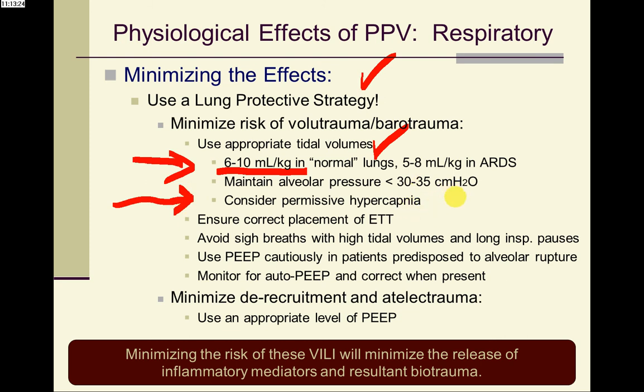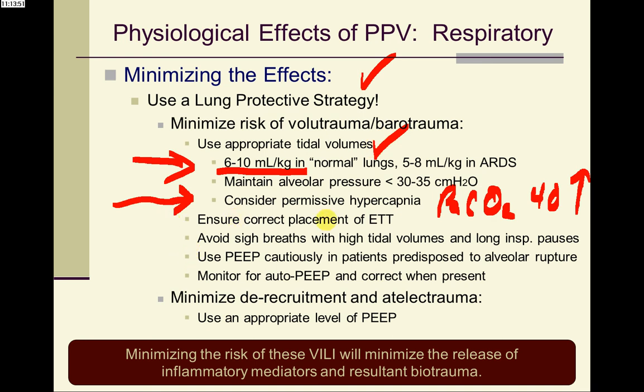So instead of having that PaCO2 goal of 40, maybe we'll allow that to rise and just keep an eye on the pH. So we can have a patient whose CO2 is 80 or even 100, but as long as they're not too acidotic, we'd be okay with that. So by limiting the amount of minute ventilation, we can limit the amount of damage due to volume/barotrauma.